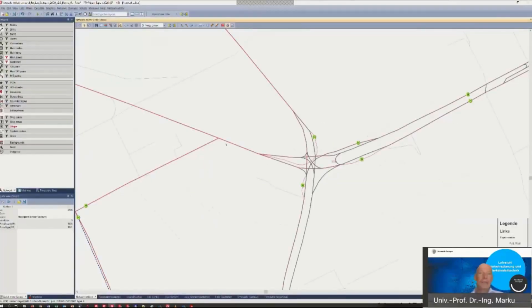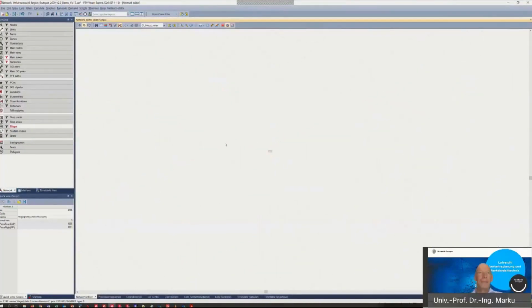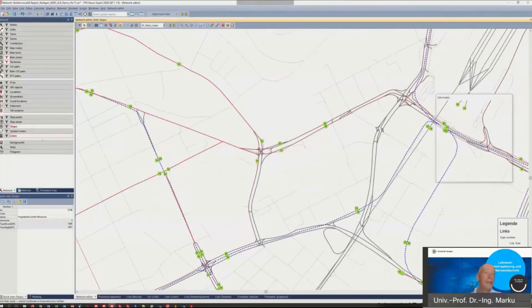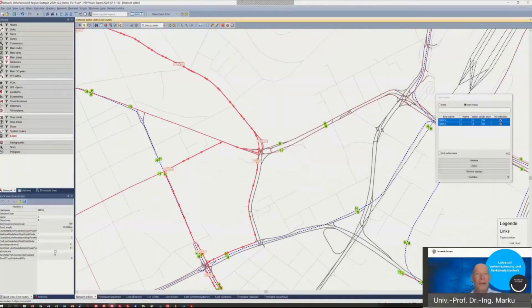Maybe I'll briefly demonstrate that to you in the model. So here you see I can select lines, and if I just click on one of those lines, it's also red. This is why it's a little bit difficult to see.